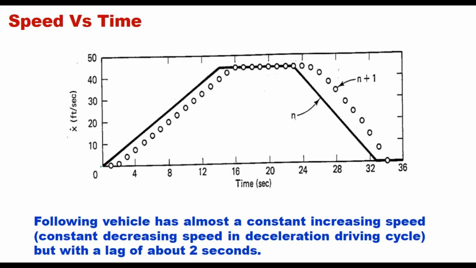Speed increases for the lead vehicle from 0 to 44 feet per second, and that happens in a time interval of 13 point something, and then it becomes constant speed, and then it decelerates at a rate of 4.6 feet per second squared. And this is followed by the following vehicle, shown by the dot points. The following vehicle has an almost constant increasing speed, but with a lag of about 2 seconds.